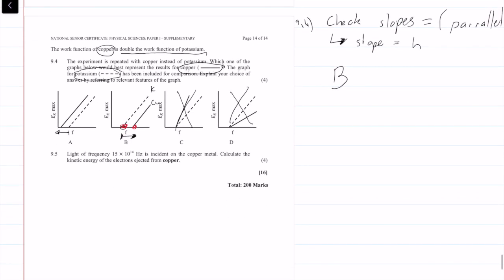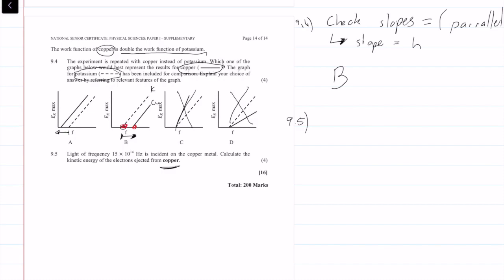The last question, 9.5, says light of a frequency of 15 times 10 to the 14 hertz is incident on the copper metal. Calculate the kinetic energy of the electrons ejected from copper. We're working with copper and not potassium.